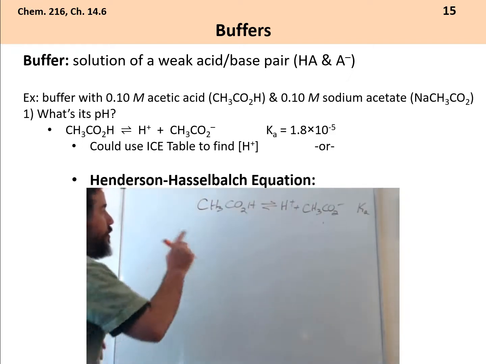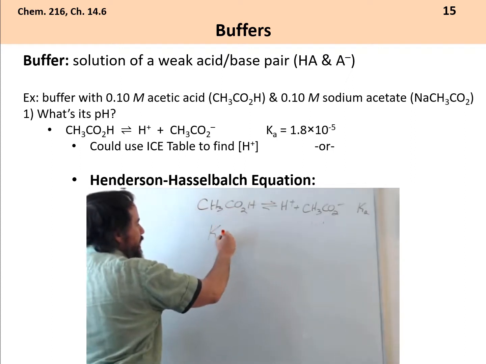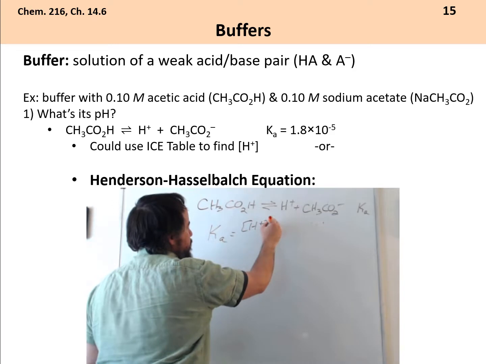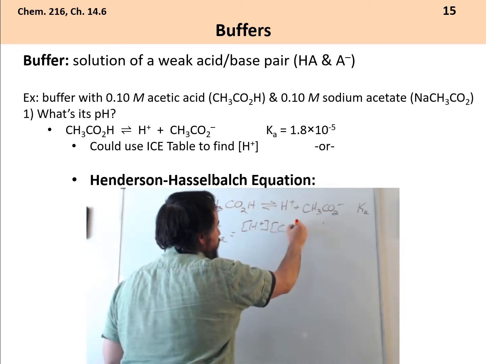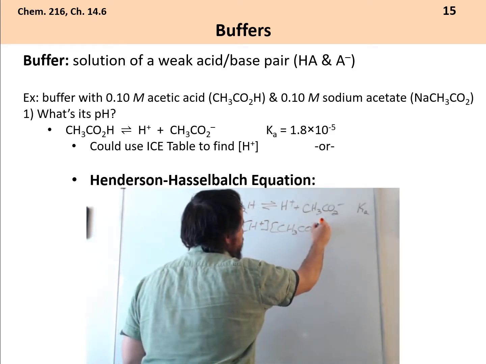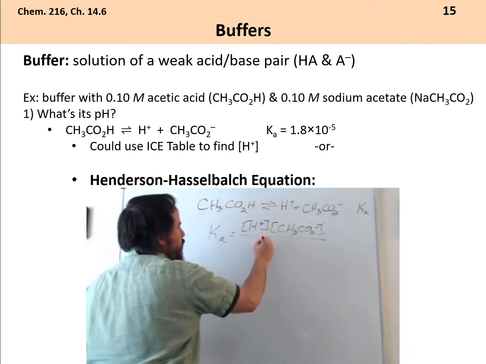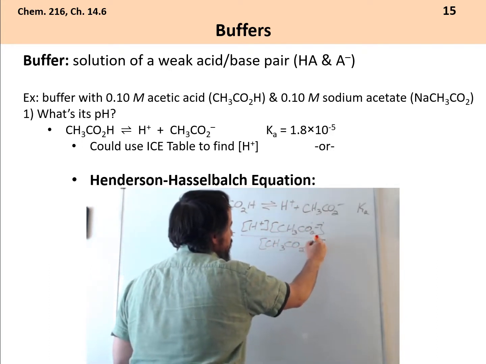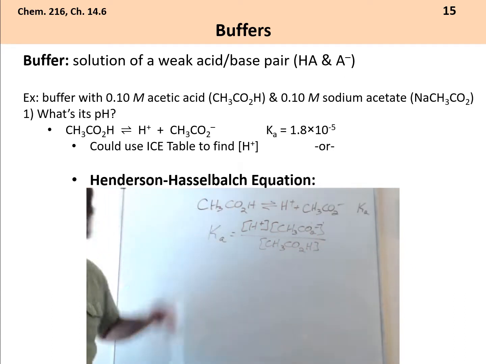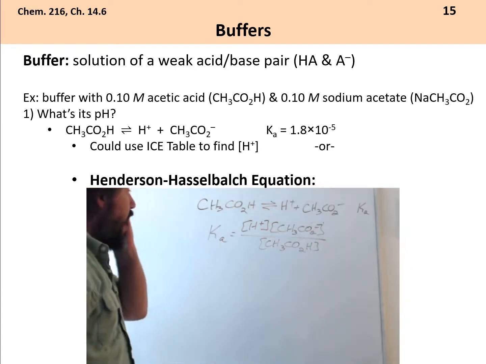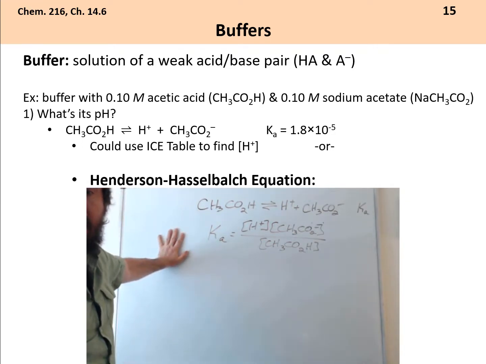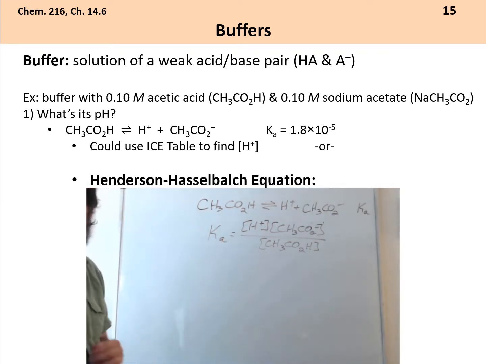All right, so in order to do this, let's just remember what Ka is. Ka is H plus times CH3CO2 minus over CH3CO2H. Okay? This is just the definition of what Ka is. Now, if I want to go ahead and rearrange this for H plus, okay?